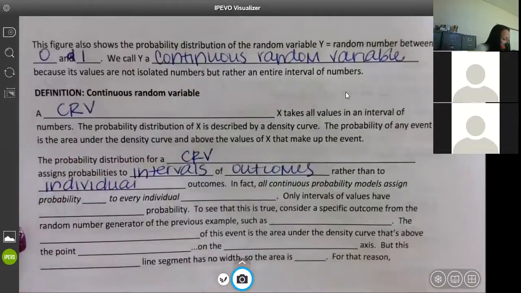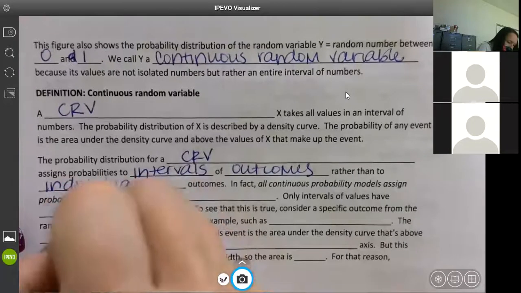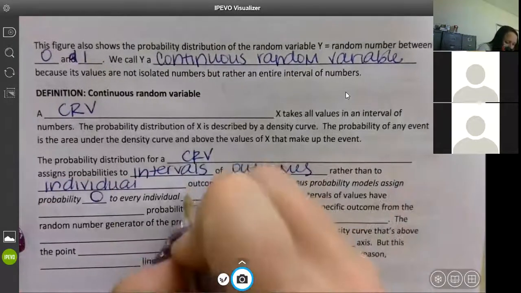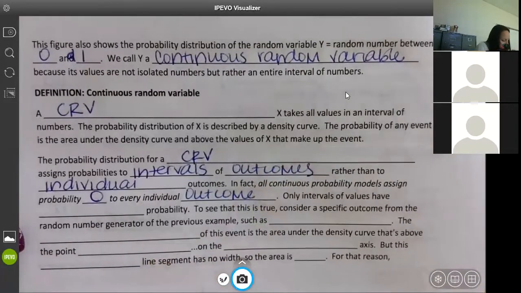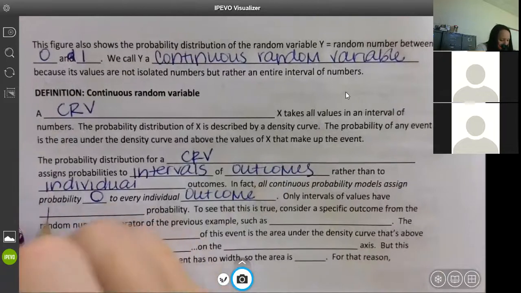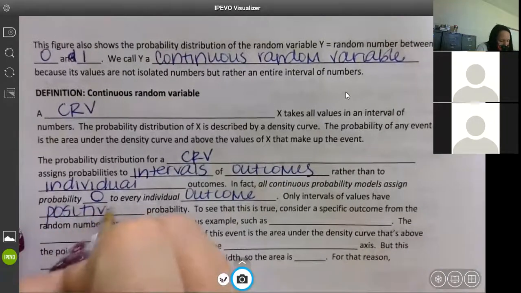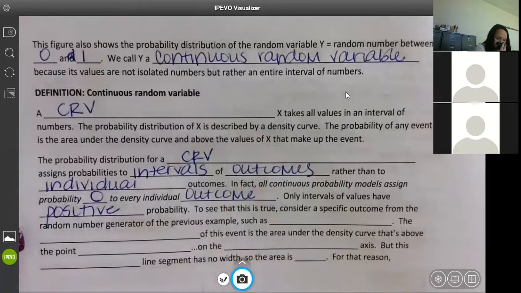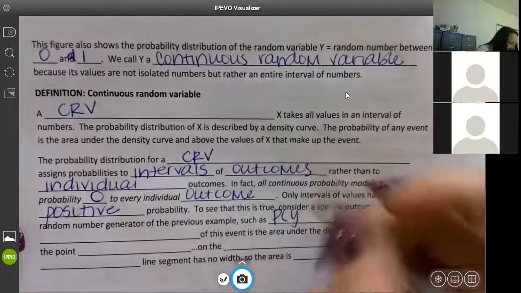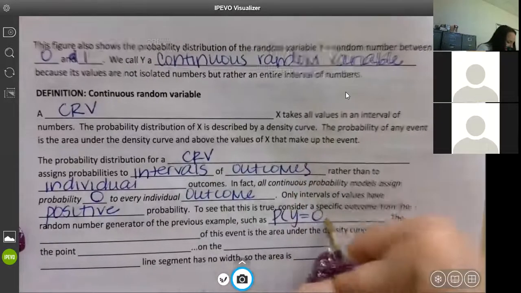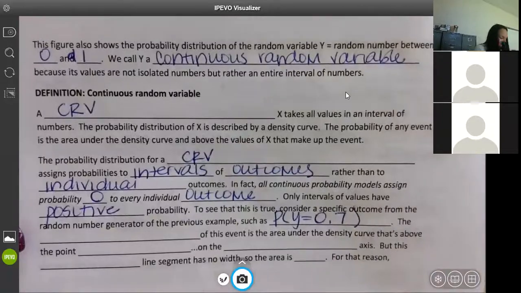In fact, all continuous probability models assign probability 0 to every individual outcome. Only intervals of values have positive probability. I was reading below it. To see that this is true, consider a specific outcome from the random number generator of the previous example, such as the probability that Y is equal to 0.7.